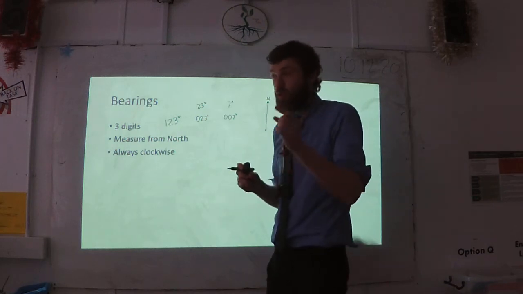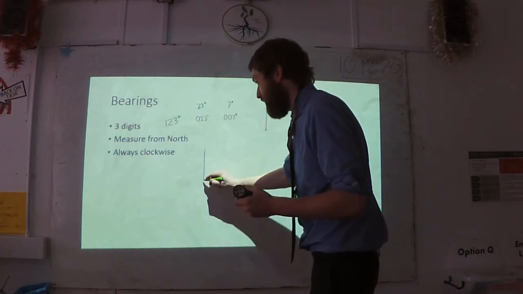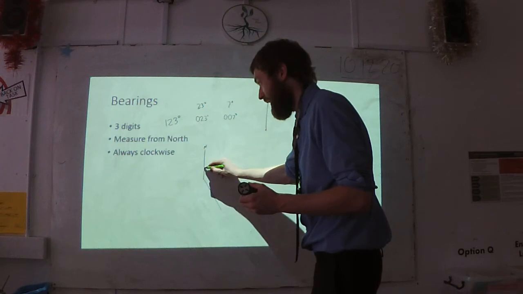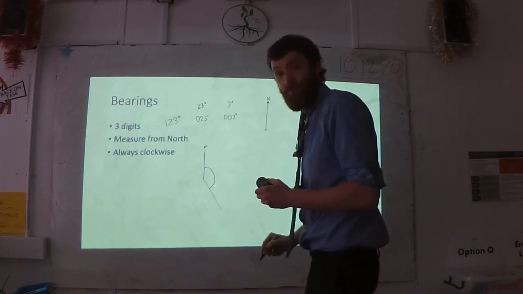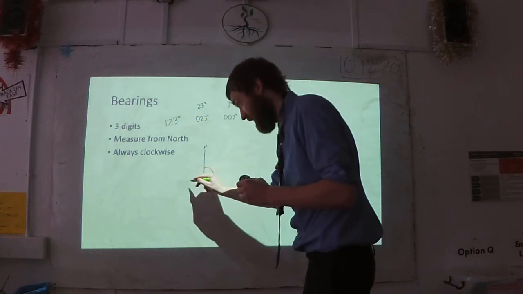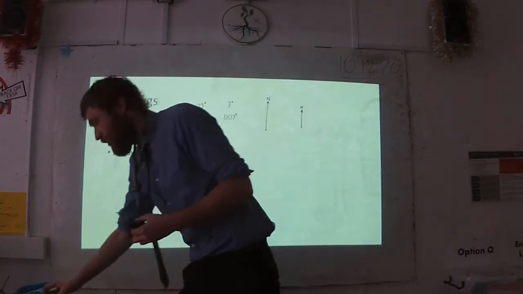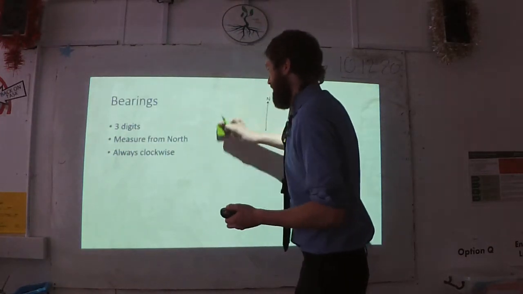I do hope not. Just look at the clock, firstly. But clockwise, if I was measuring, for example, this angle here, clockwise goes this direction, so it would be like that. Okay, it would not be like this, that's anti-clockwise. Clockwise would be that direction there. Now, as long as you know those 3 rules, you should be fine with bearings.